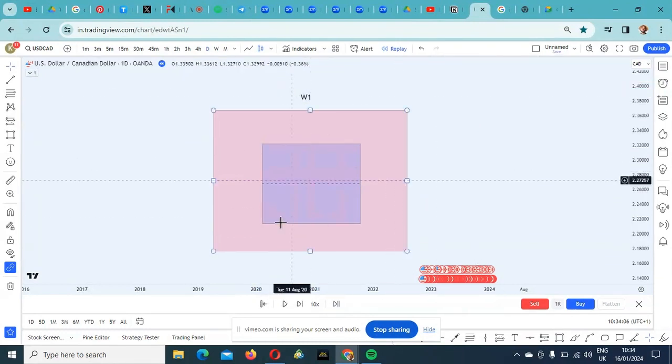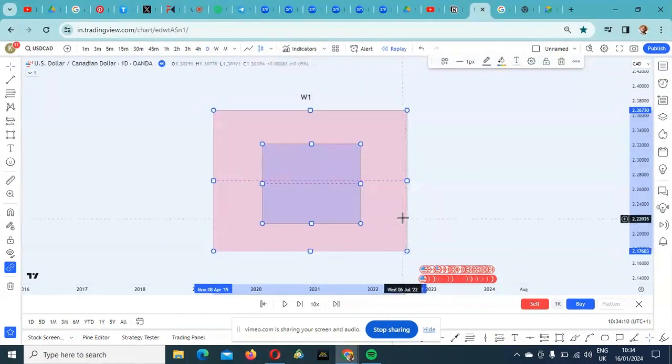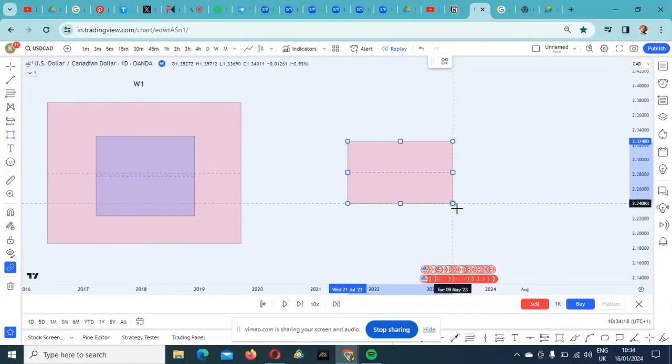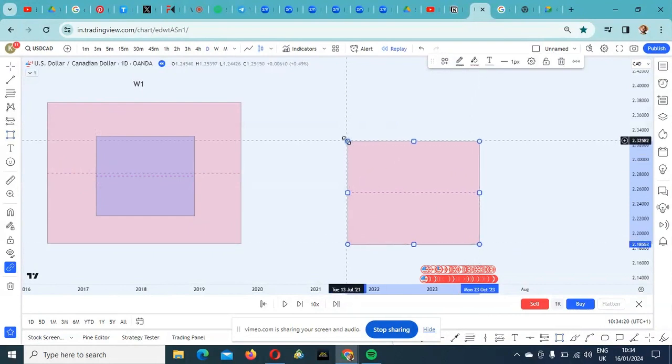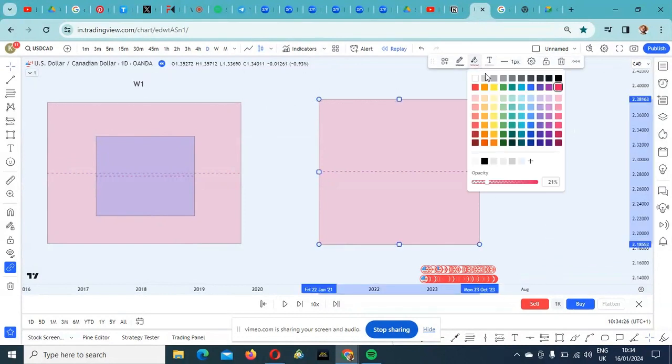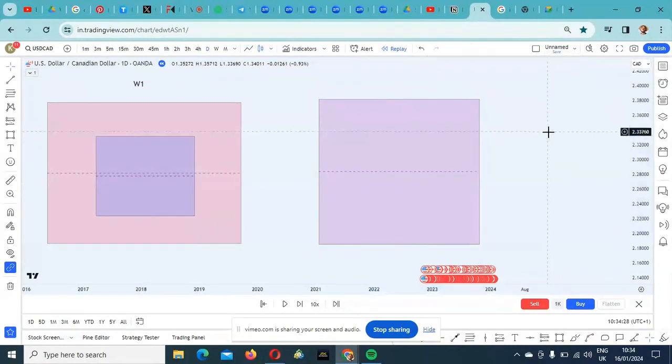What this simply means is that when we come to the daily, this internal will become the external. So I'm going to make it blue or maybe purple. Do you hear me? So this one that is internal is the external in the daily charts.